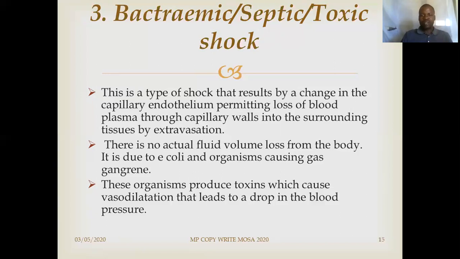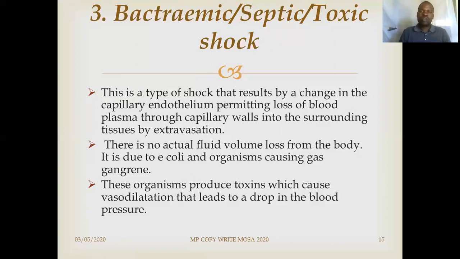There is no actual fluid loss from the body, and it is due to E. coli and organisms causing gas gangrene. These organisms produce toxins which cause vasodilatation that leads to a drop in the blood pressure.